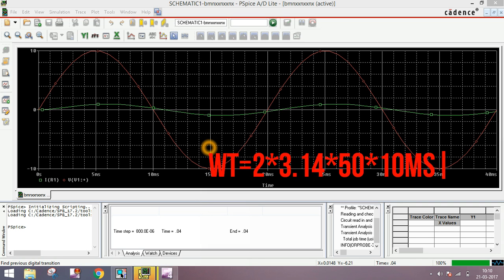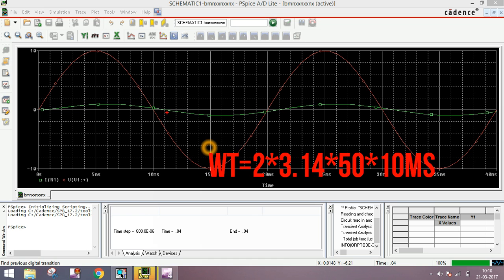Now calculate this milli. For milli you can put 10 to the power minus 3 here. Here is some mistake, not 10, that is 10, and here it is 11.